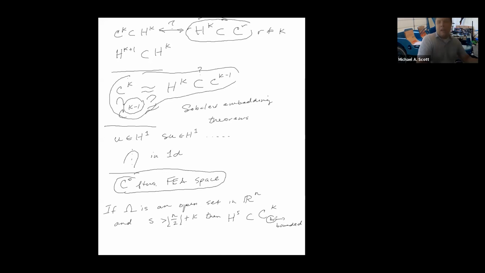It's just a technicality. All polynomials are bounded, but anyway, all the bounded C^k. So if we're in R^1, if n is equal to 1, what do we know from this formula?